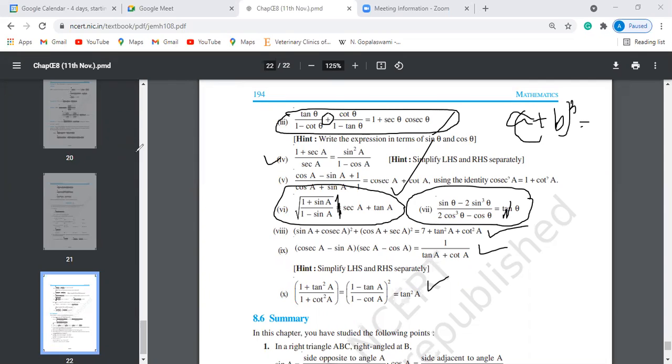Okay, fine. I think we have completed around 7 chapters as of now: chemistry 2 chapters, physics 2 chapters, maths 3 chapters.